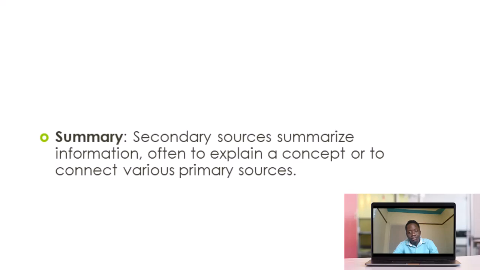We also say that it's a summary of what you've gotten from the primary source. I will apply this when the information you get is too bulky for you to understand. Maybe you ask different people about the historical origin of a certain group of people. Someone will give you a different idea, this one comes and gives you something different, and another one will come and give you something different.